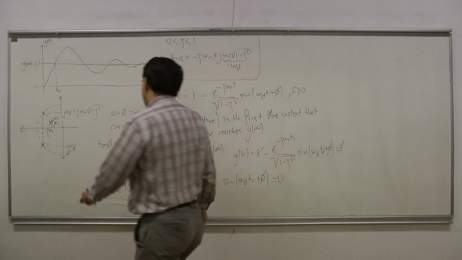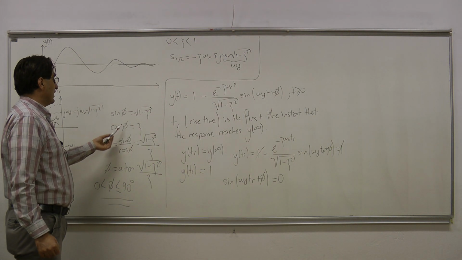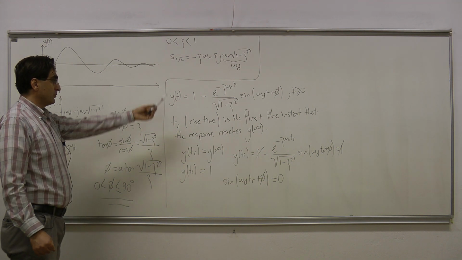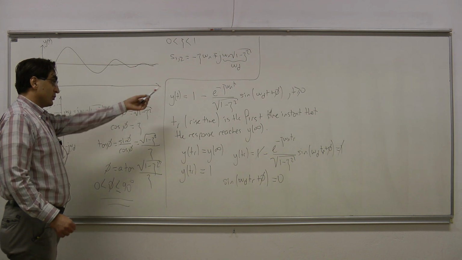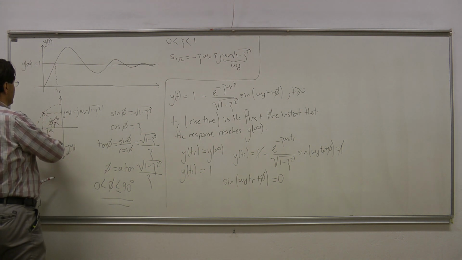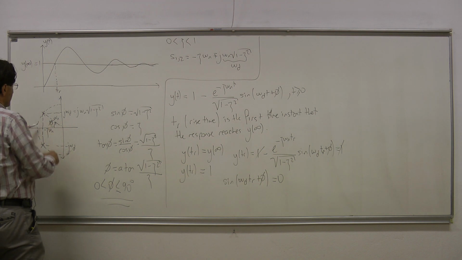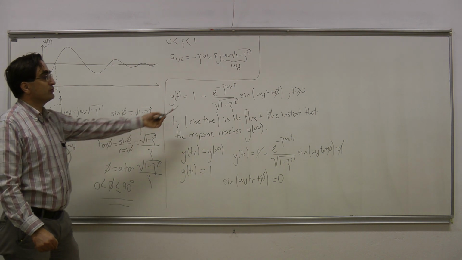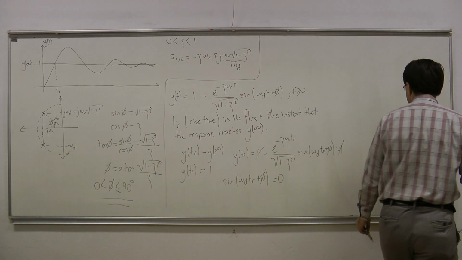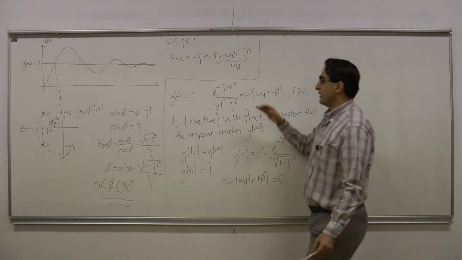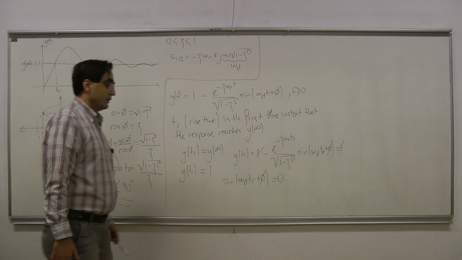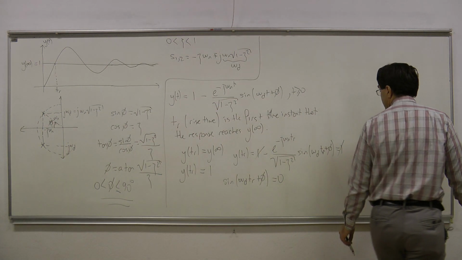I know that when phi is 90 degrees, cosine phi is just 0, which is our damping ratio, and then that equation is valid. This equation is not valid when phi is equal to 0, when we have a critically damped system, because we shouldn't have any sines or cosines, any oscillations, in the response. Therefore, this expression is not valid at phi equals 0 or damping ratio equals 1.